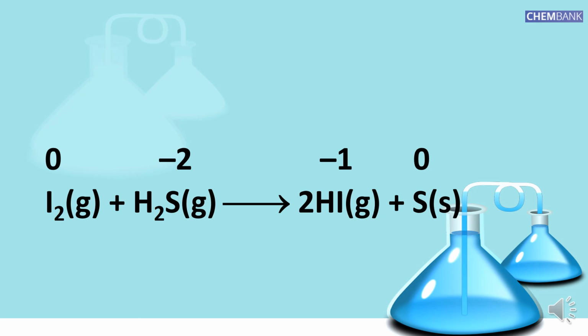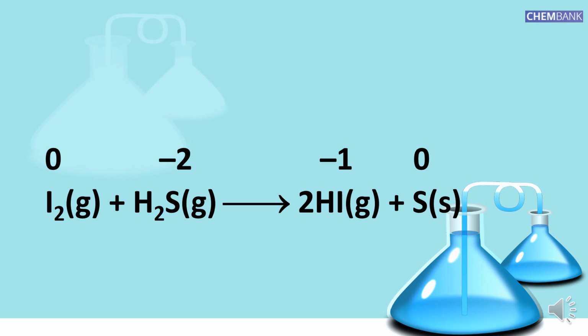Determine the oxidation numbers. Iodine is 0. In case of H2S, H will be +1, sulfur -2. In case of HI, again H is +1, iodine is -1, and sulfur is 0. So in case of iodine, we see that the oxidation number decreases from 0 to -1.